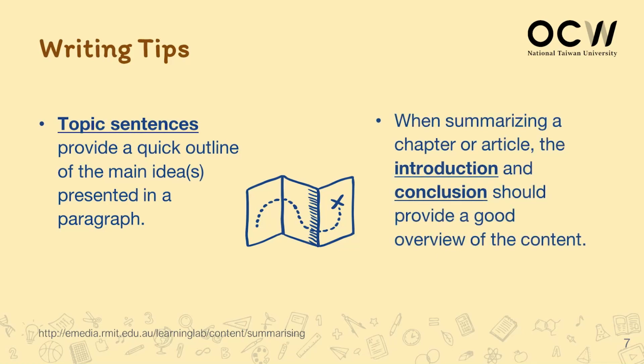Also, if you're summarizing a longer article or longer chapter, you need to make sure that you have included the introduction as well as the conclusion from this long segment of text into your summary to ensure that the overall idea or perspective is being presented holistically.